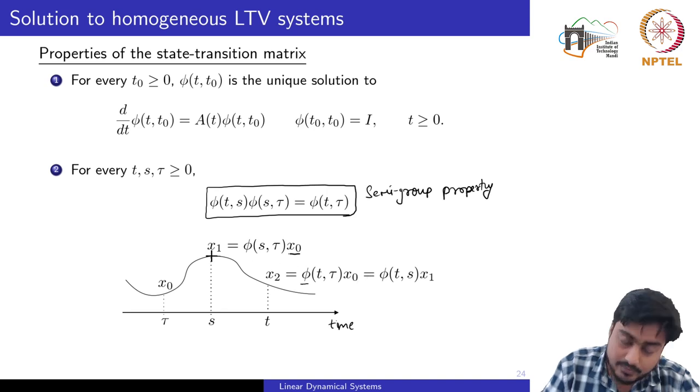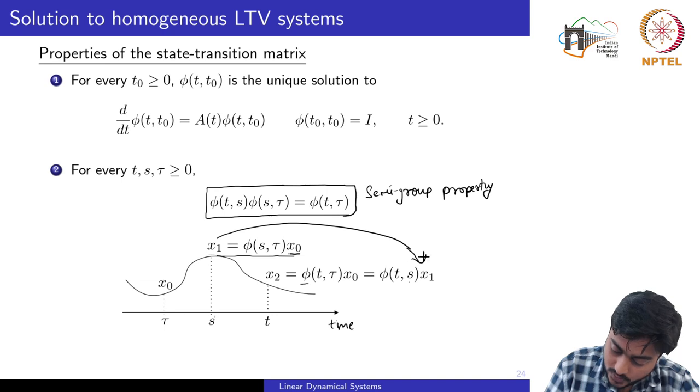Or if my initial condition is x1, because I know that this solution would be a unique solution, then the state transition matrix would be computed by the response at t, given the initial condition at s, multiplied by that initial condition at t is equal to s. So I could write x2 is equal to phi(t, tau) x0, or phi(t, s) x1. Now if I put x1 from here to here, it would give me phi(t, s) phi(s, tau) is equal to phi(t, tau).